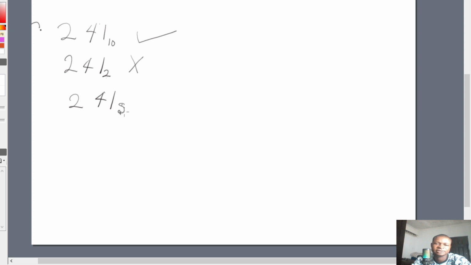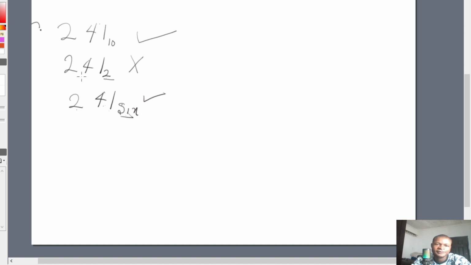We can write it in words and in numerals. This is acceptable because each of the numerals that I have here is lesser than the base.